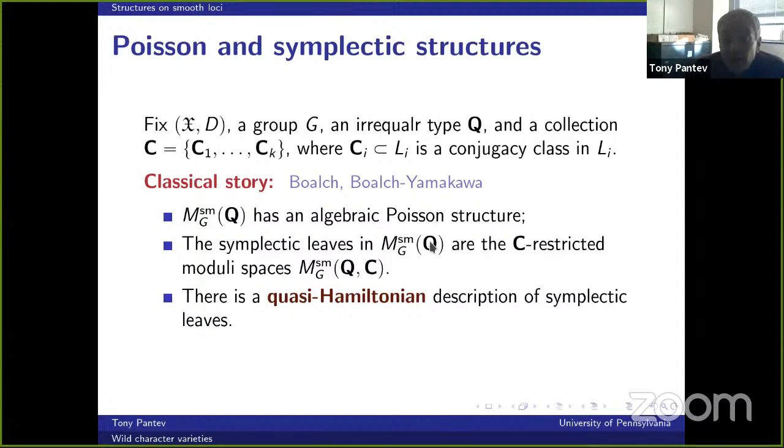And in fact, Boalch and Yamakawa gave a very clean quasi-Hamiltonian description of these symplectic leaves by writing a space of matrices with a group-valued moment map and a symmetry group and identifying these varieties with the quotient. So this is the classical story. And the story I would like to talk about now is what we do when we go to the boundary, when we go away from the smooth locus.